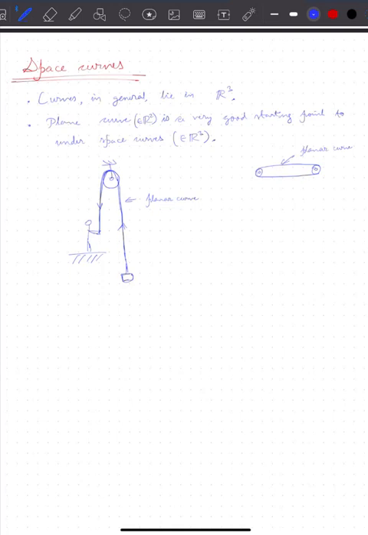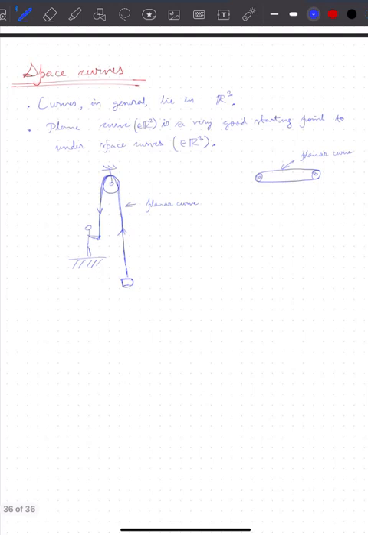A conveyor belt happens to be a strip of some finite thickness and finite width. But from the side, the cross section through the length looks like a planar curve, right? So its representation can be described in terms of a planar curve.